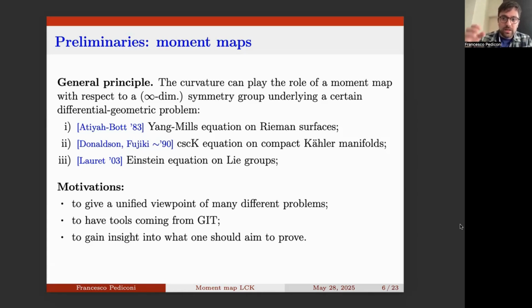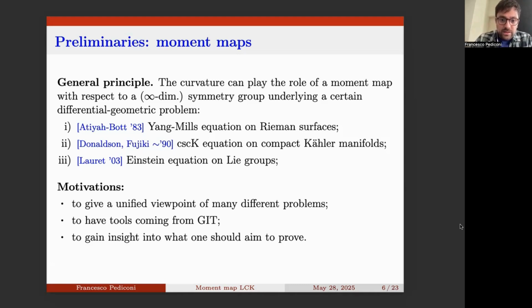And also, in complex geometry, it has been used a lot to study cscK equations. So for the purpose of this talk, we're going to focus now on the Donaldson-Fujiki framework because it is precisely the framework that we would like to generalize in order to study lcK geometry.